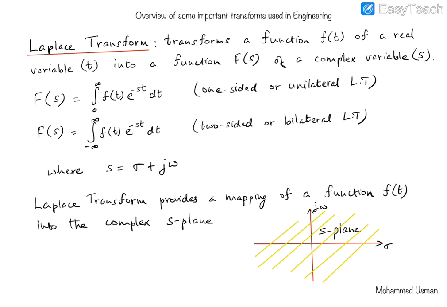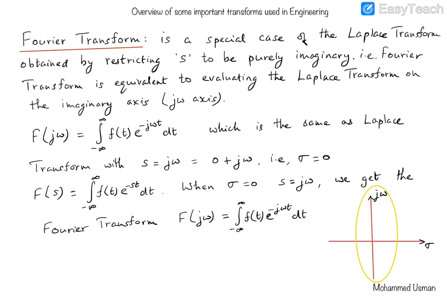Now, if we want to check what is the relationship between the Laplace transform and Fourier transform, you can see that the Fourier transform is a special case of the Laplace transform, which we can obtain by restricting the Laplace variable s to be purely imaginary.